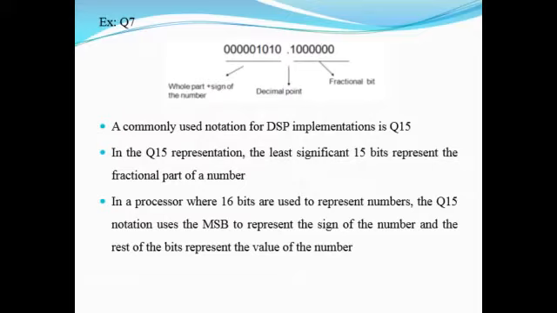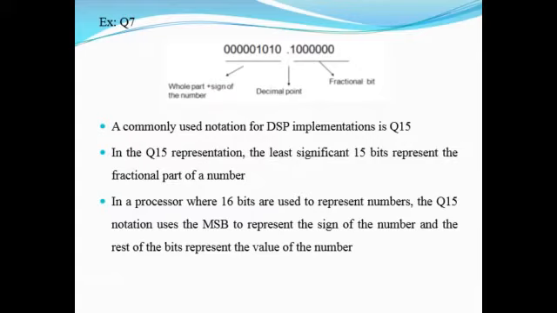and also the sign of the number. Whenever I consider normal DSP implementation, it requires the Q15 format representation, where the least significant 15 bits represent the fractional part of a number. So that is what we consider in Q15 representation.